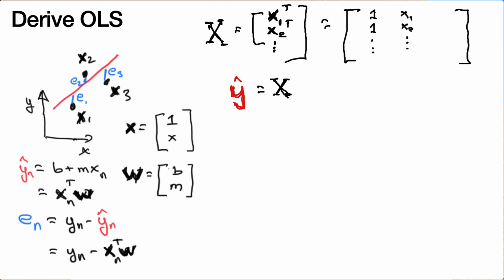So we know y hat is going to be a columnar vector that's got as many predictions in it as we have data points. So no transpose necessary this time because we have already transposed it. And so that's going to be all of our outputs, right? That's going to look like this.